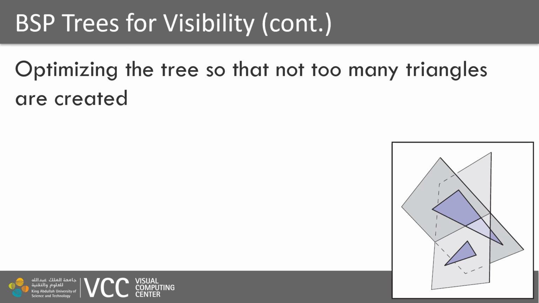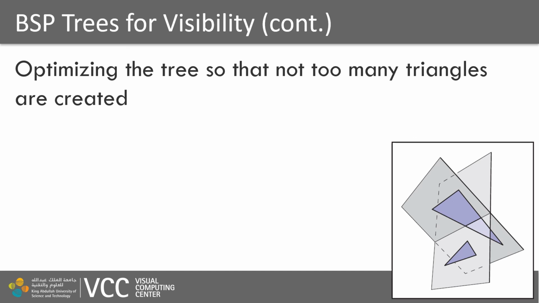Therefore, a good heuristic is needed in order to find such space partitionings which will result in reasonably few subdivisions of the triangles. So this is all for the binary space partitioning for the visibility.